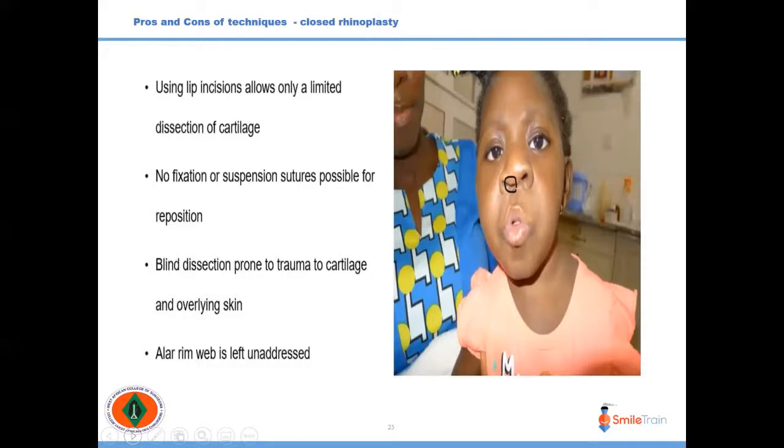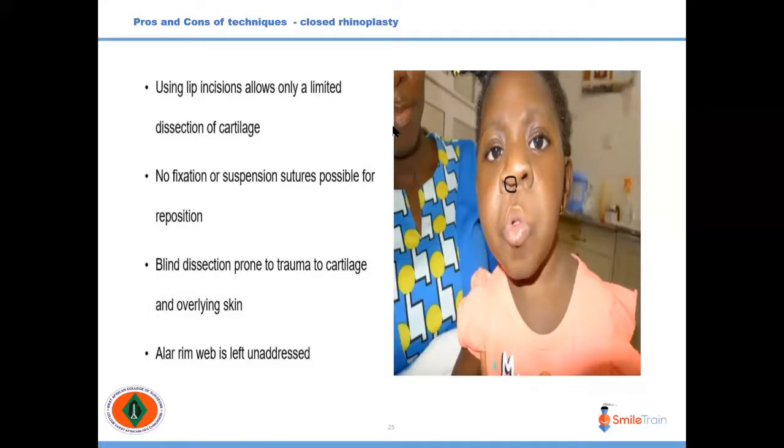This is a picture of a patient who had a closed rhinoplasty technique, which I must say is a good technique by itself and has good results. But there are some downsides to this technique. Using the lip incisions, you are only allowed a limited amount of dissection, because you do not want to stretch the incisions too much, which sometimes could result in ripping or trauma to the incisions.